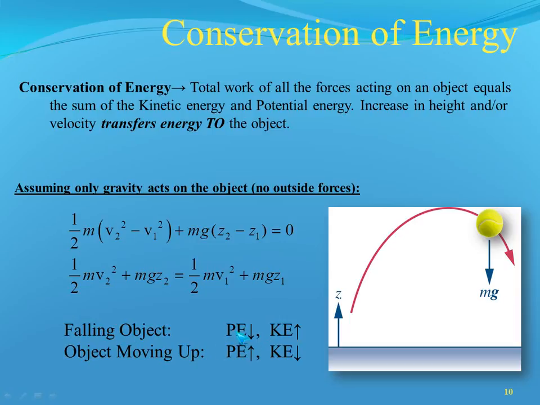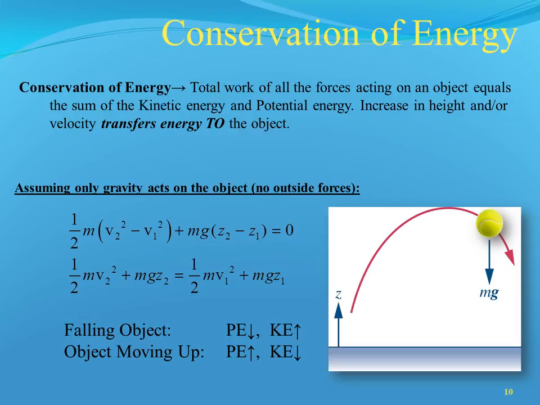An example of a falling object would be, you can imagine the object is going from a height that is higher to a height that is lower, so we would have a decrease in potential energy, right, because the height is decreasing. As it's falling, the velocity would increase, so that would give us an increase in kinetic energy.